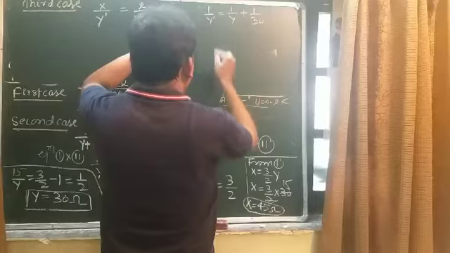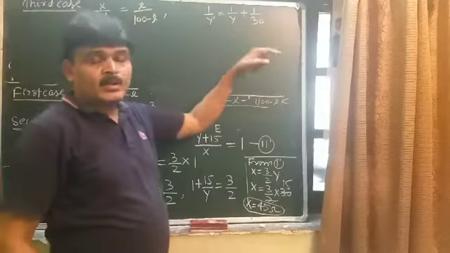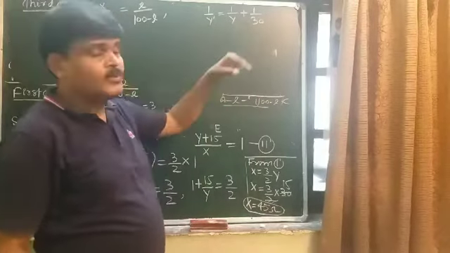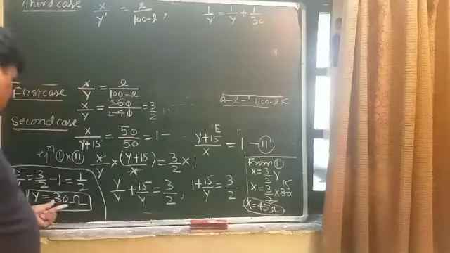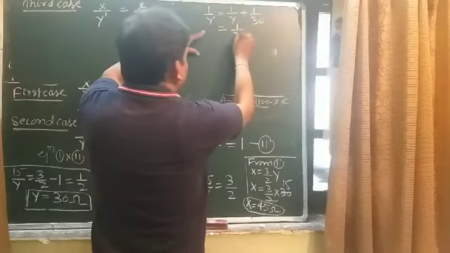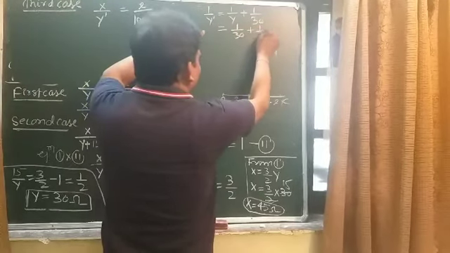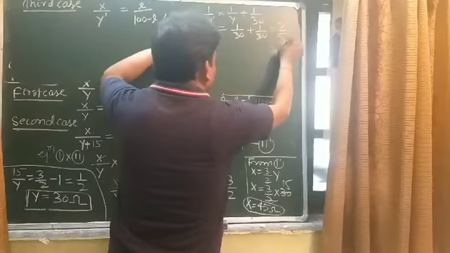Y is already calculated as 30 ohm. So put this value: 1 by 30 plus 1 by 30 is 2 by 30.